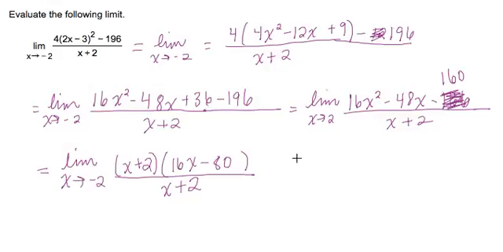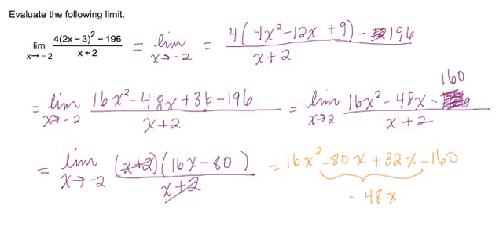So x times 16x is 16x squared. My outside term is negative 80x. My inside term is 16 times 2, positive 32x. And then negative 80 times 2 is negative 160. Negative 80 plus 32, that is negative 48x, I believe. Yeah, yep, exactly. So that does work. So those two factors cancel.